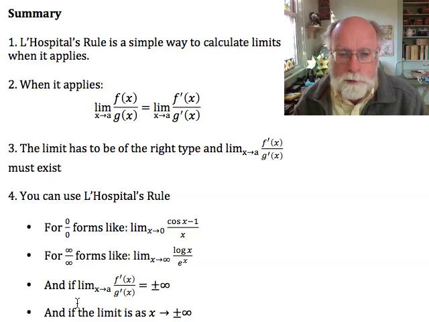We can use it if the limit of f prime over g prime turns out to be plus infinity or minus infinity. That's fine. We just say that that's what the original limit actually was. And we can also take the a that's in here and make that a plus infinity or minus infinity. We can take limits as x goes to infinity or as x goes to minus infinity, and we can use it in those cases as well.